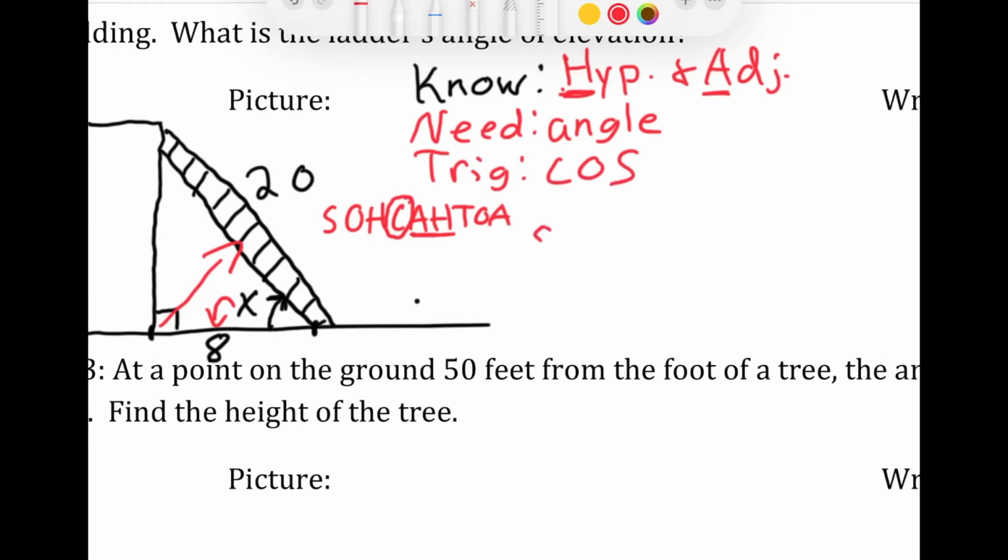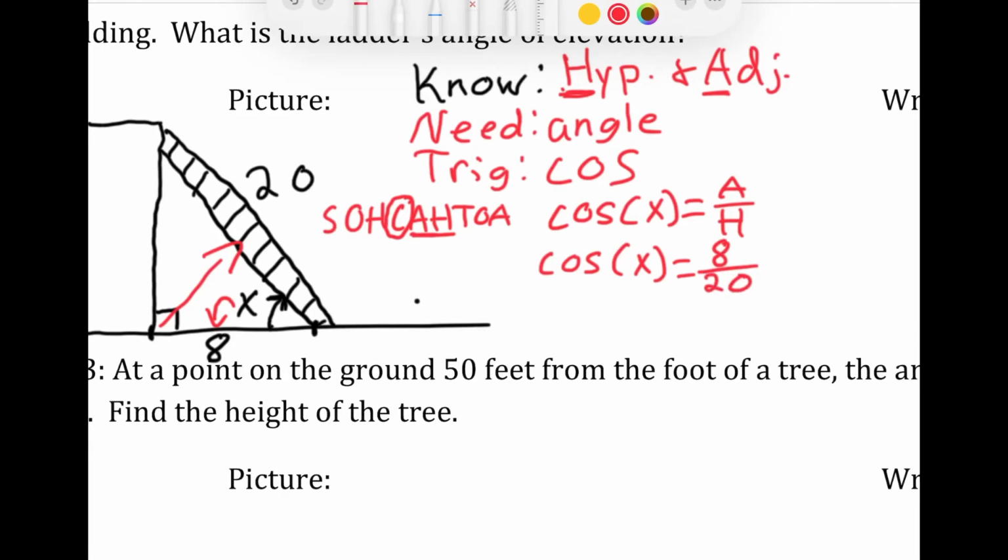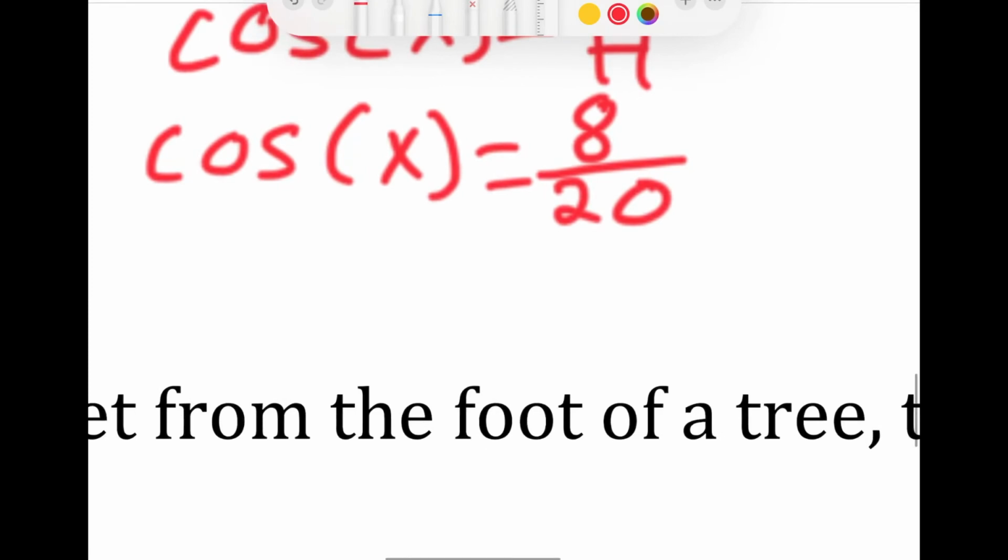So we're going to have cosine of X equals adjacent over hypotenuse, which in this case is cosine of the angle X equals our adjacent side, 8, over our hypotenuse, which is 20. And we need to solve for X in this.